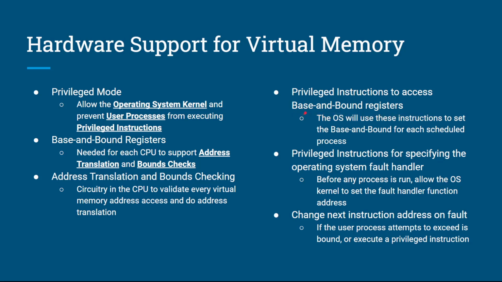This is the instruction that the operating system will use to modify these every time a process is changed, or every time a scheduling operation happens. We also need hardware for specifying the operating system fault handler. Remember that function address? That function address for the fault handler needs to be stored somewhere, but we do not want the user space process to be able to store that.